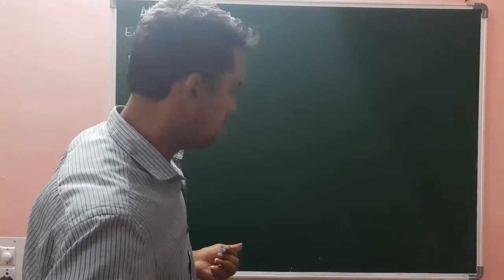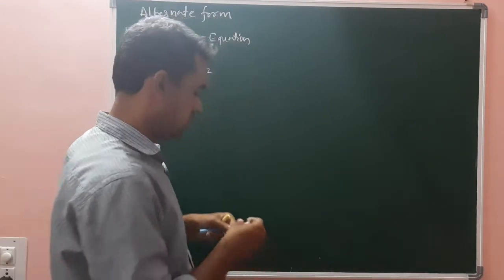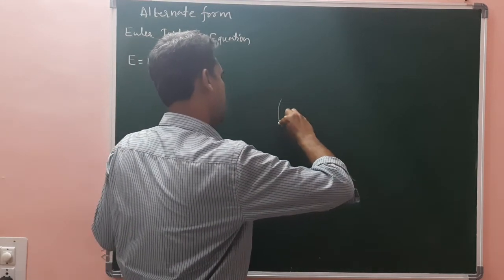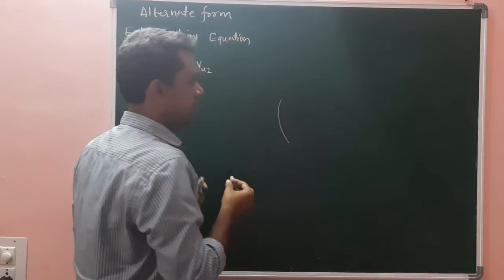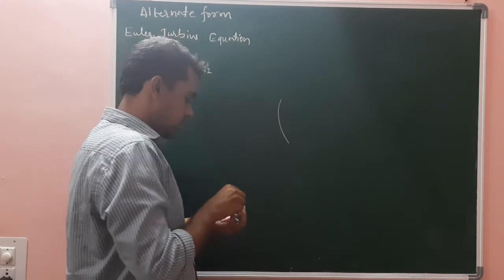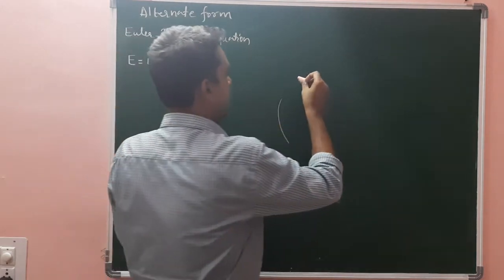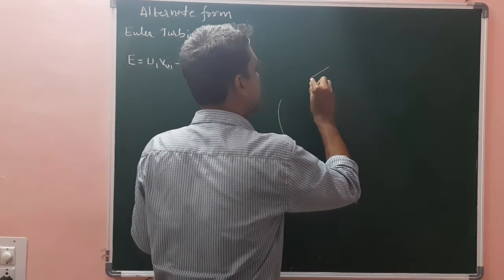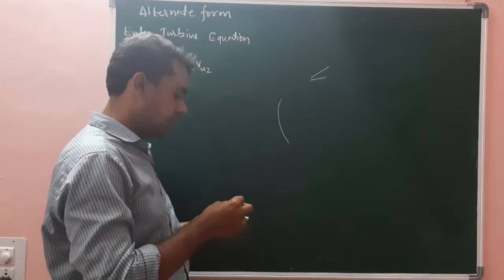Suppose this is a rotor blade, and this is a nozzle from which fluid is leaving and entering the rotor blade.